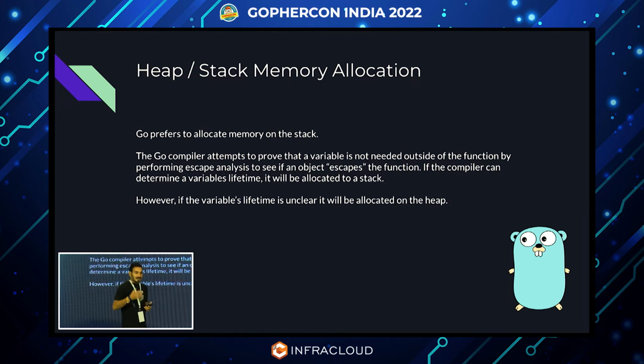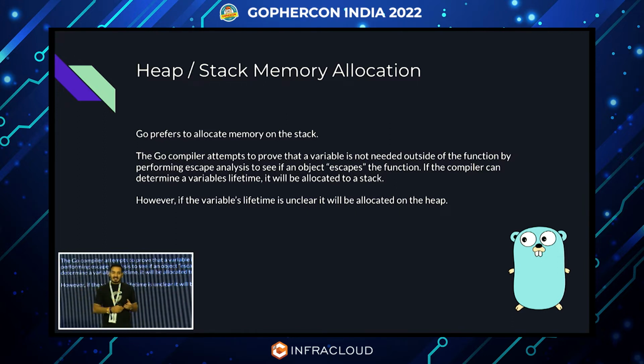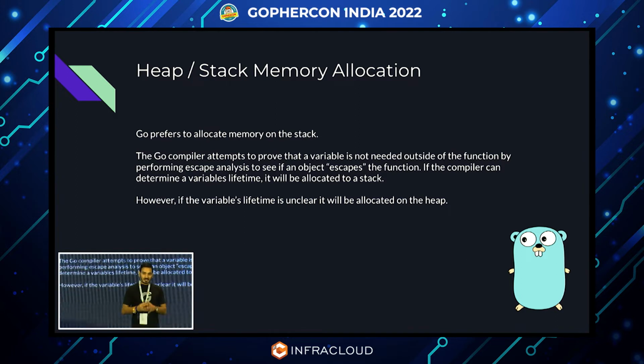Whenever a function call happens, a new frame gets pushed on Go's stack, and whenever the function scope is over, that frame is no longer valid and gets deallocated. But on the heap, memory cannot be automatically freed. So there is a GC, or some mechanism that we need to run, to deallocate that memory.